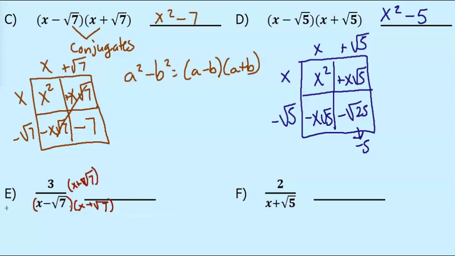Now the conjugate's not always just changing the sign if it's higher degrees, like a cube root or a cube or anything like that. Basically, 2 conjugates together will make a sum or difference of that power.